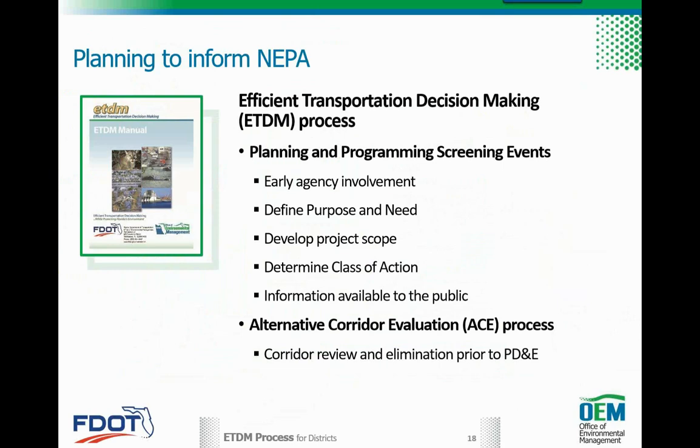And if they did not, then you have this ACER document and this approved methodology to serve as supporting documentation for the elimination of those alternatives. And so those activities occur again through our planning phase, through our ETDM process and those screening events.